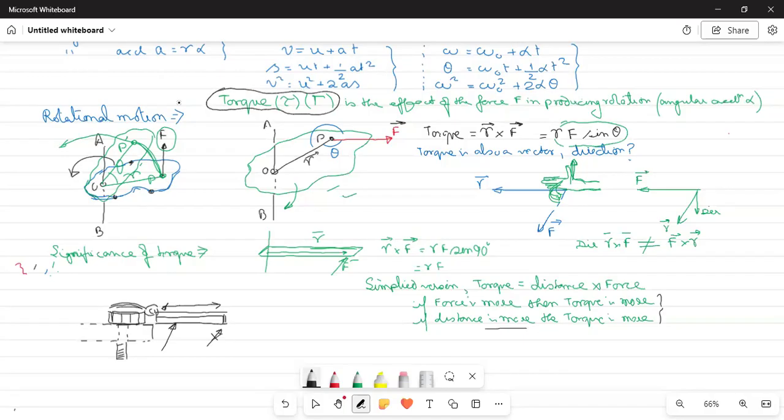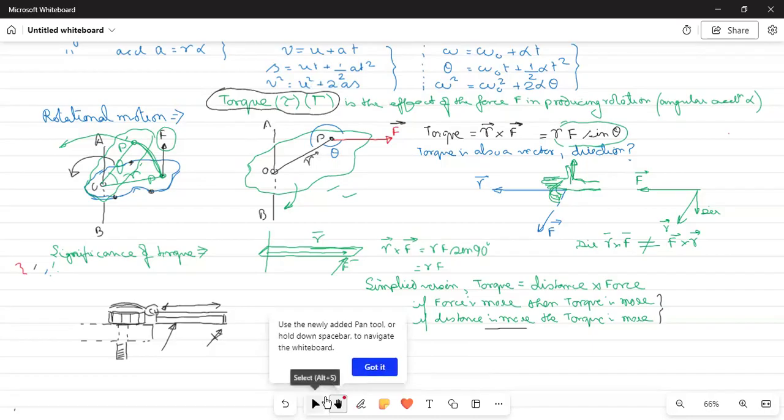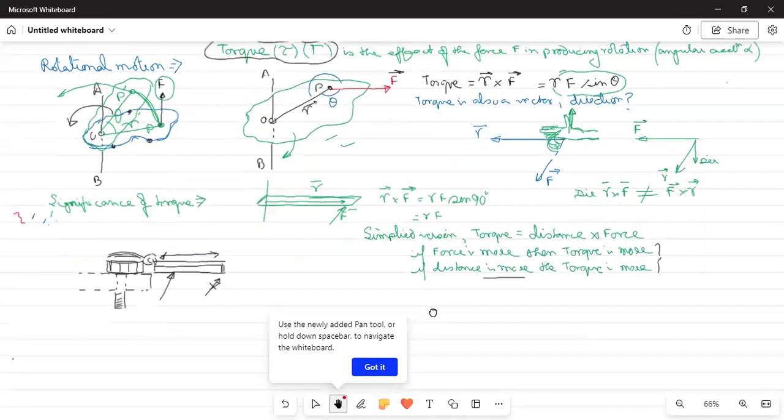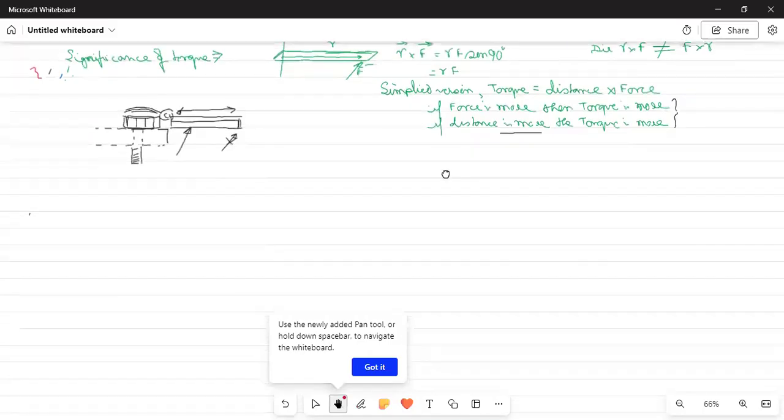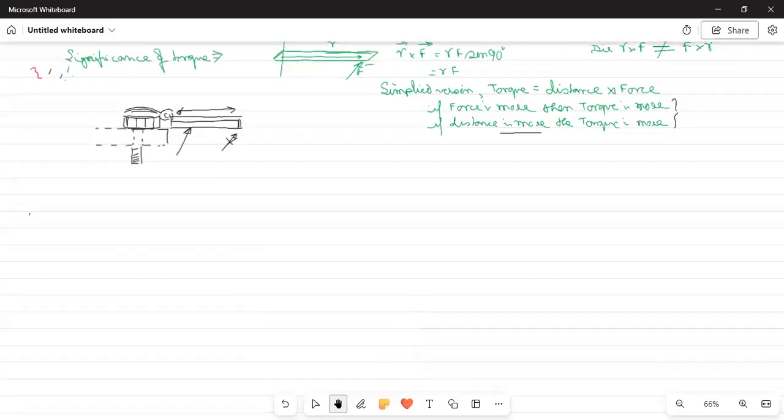We shall investigate a little bit more into this issue of torque. Right? We shall go to the next part.